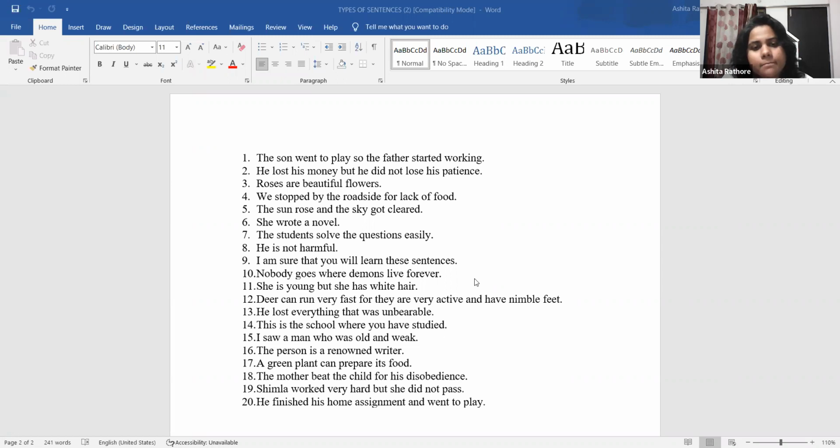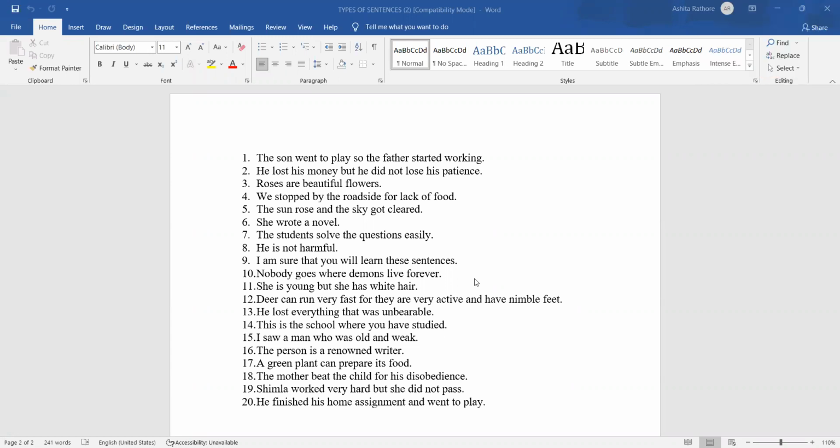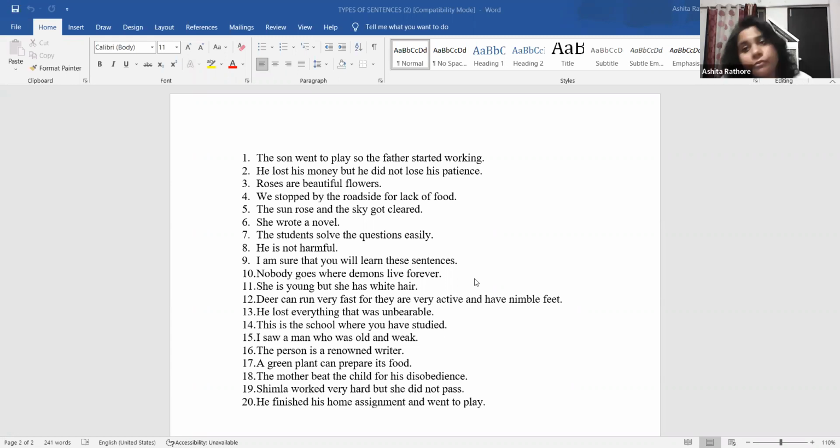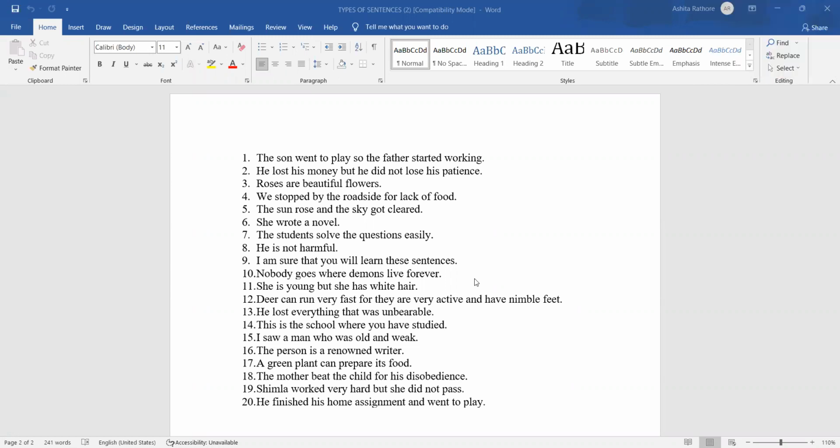Why is it coming before where demons live forever? If we look at compound sentences, or subordinating clauses, does it ever happen that your coordinating conjunctions are after the entire sentence, or are they usually before? They're usually before. Yes.